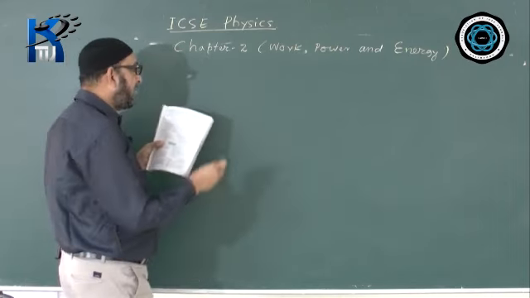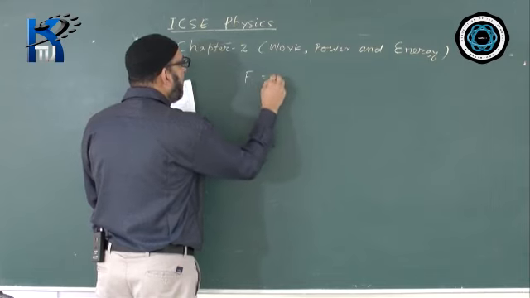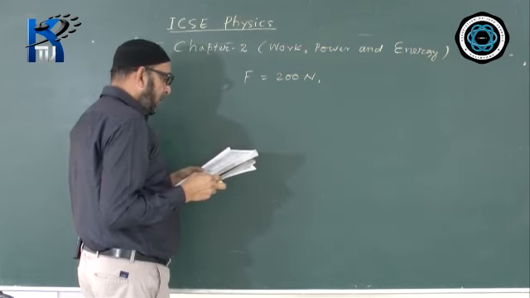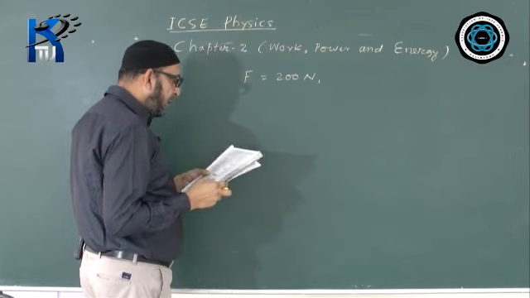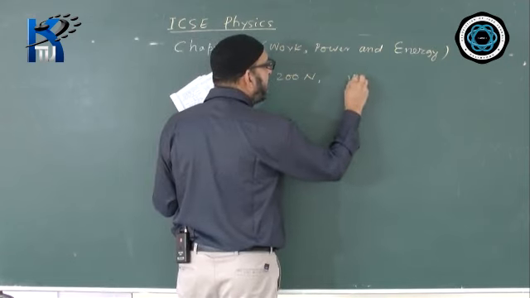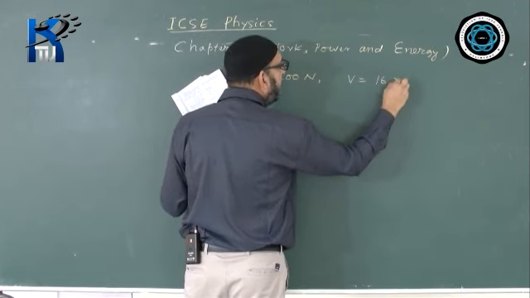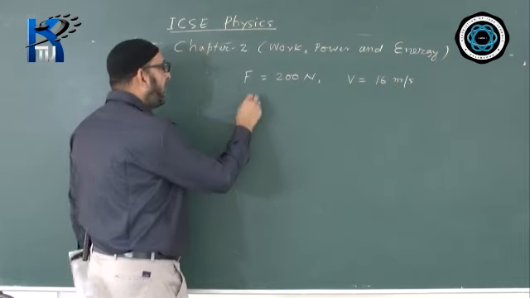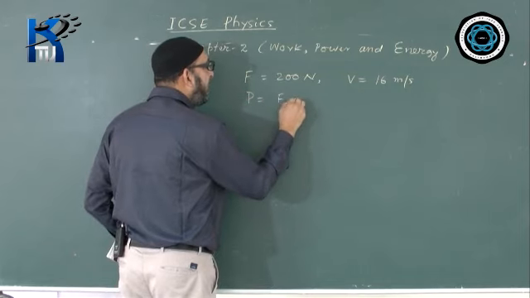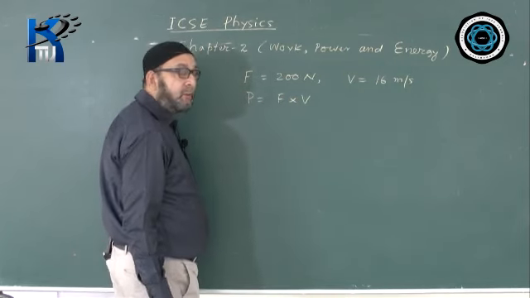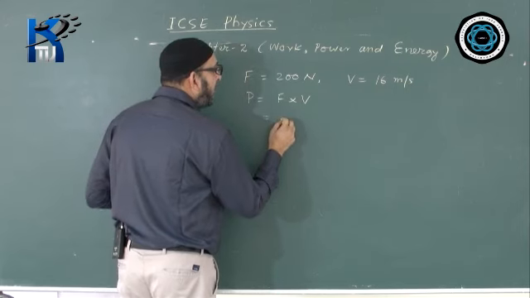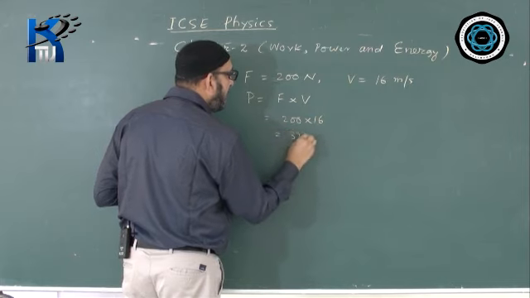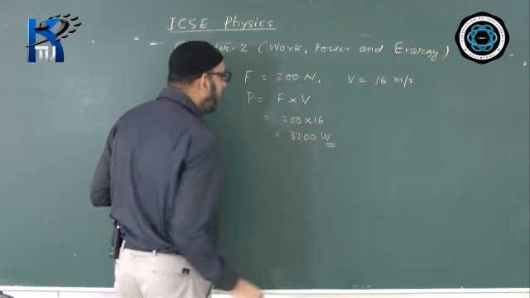Force is 200 Newton, and the constant speed is given, that is V is 16 meter per second, and we have to find the power spent by the man. So the power formula we have is F into V. This is a suitable formula for this situation. So force is 200 and velocity is 16. The answer will come 3200 watt. So finished.